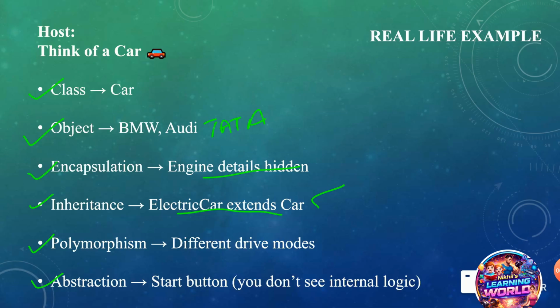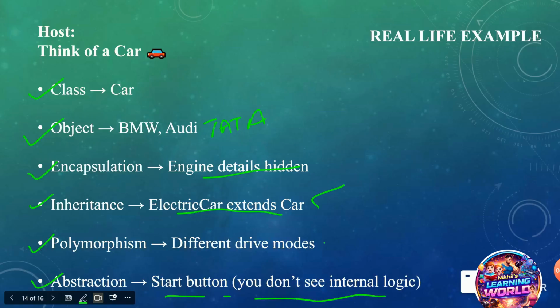Polymorphism is like different drive modes, like runtime polymorphism and compile time polymorphism, which we saw as method overloading and method overriding with examples. Abstraction is like the start button.